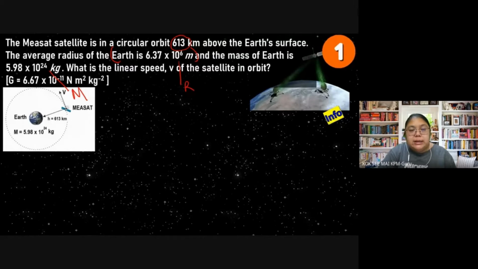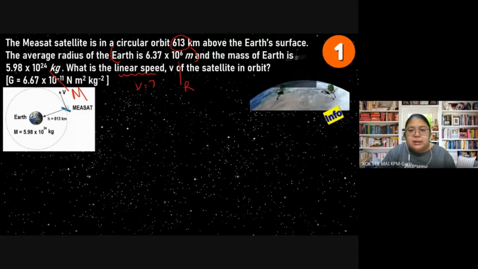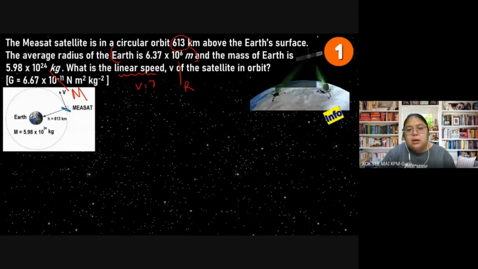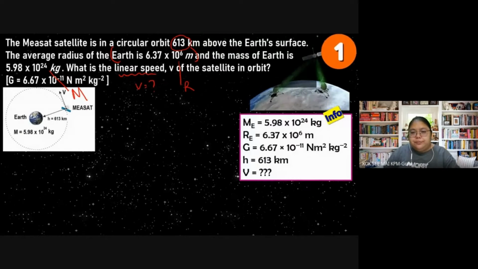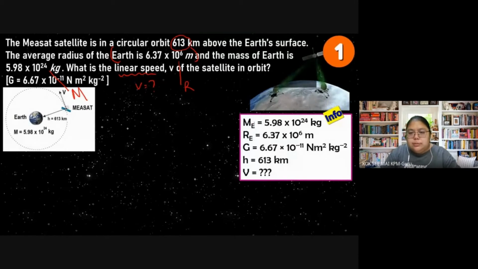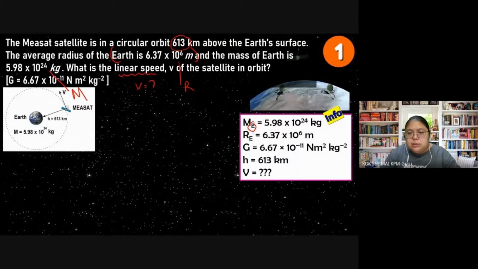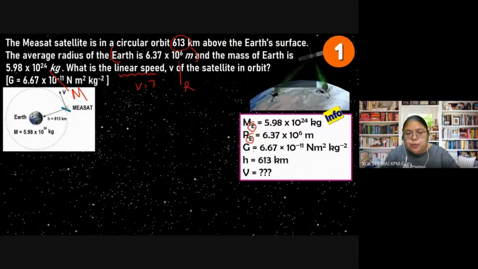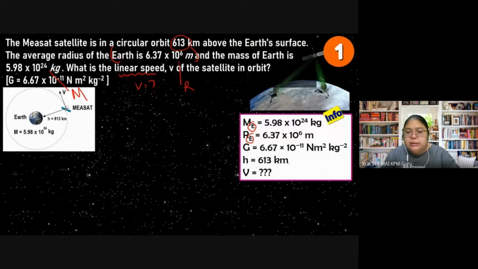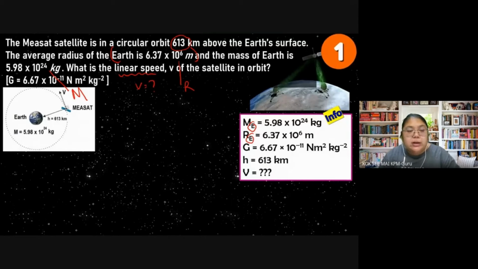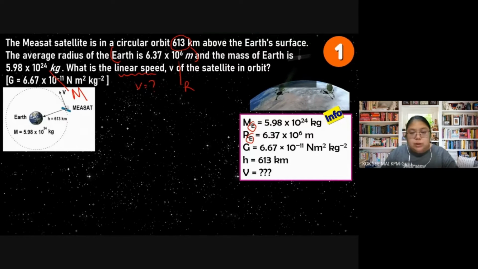Okay, what is the linear speed? They want to find the V of the satellite in orbit. Okay, so from here, the info: Earth mass, Earth radius, G provided, then the h is in kilometers, then we want to find the V. So from here, I can show the equation.